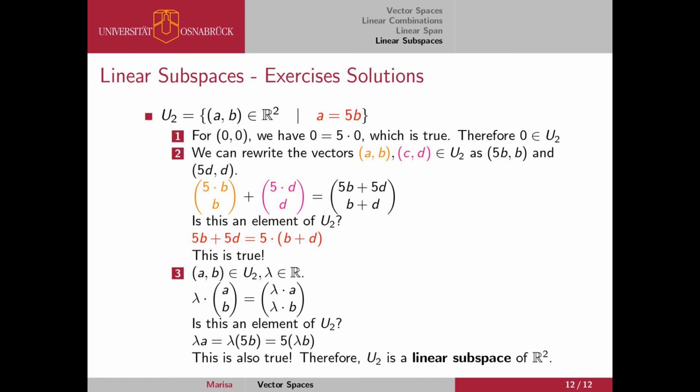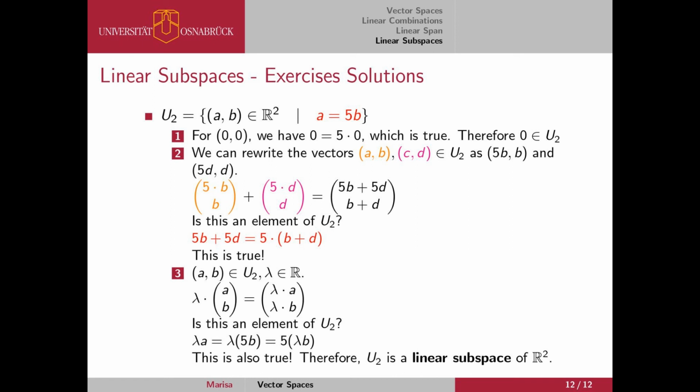So U2 was defined as all the vectors (A, B), which are elements of R2, for which it holds that A is equal to 5B. Now, to check whether it is a linear subspace of R2, we again want to check for the three axioms, and if they hold, we know that it's a linear subspace.